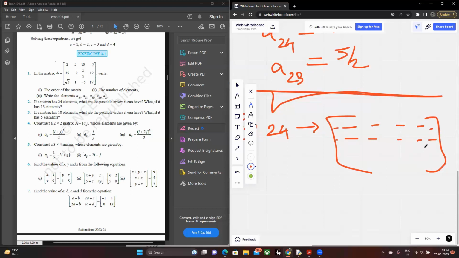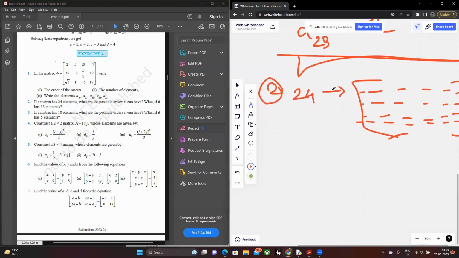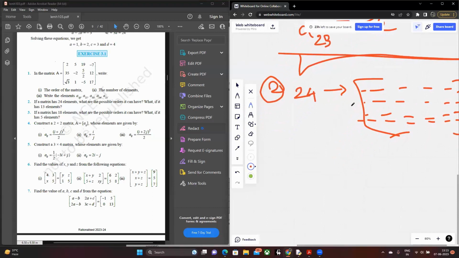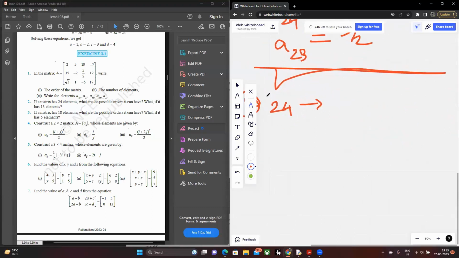If each dash is an element, you have 6, 6, 6, 6. That is a possible matrix, but you can't have 6, 6, 6, 7 and say that this is a null value, so I'm not counting it and it has only 24 elements. You can't say that, because you're considering real valued matrices.